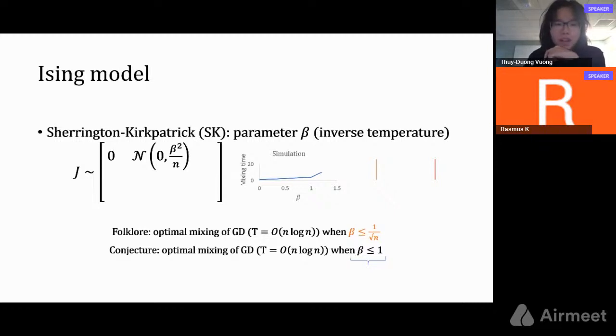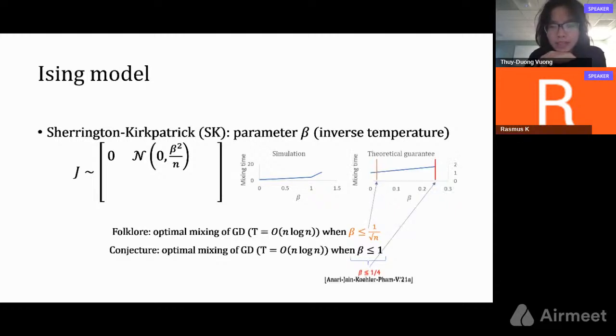So people have the conjecture that the Glauber dynamics will mix in time n log n when beta is less than 1. But for a long time, not even polynomial mixing time, say t equals n^100, was known. Our work established this optimal mixing time when beta is 1/4.